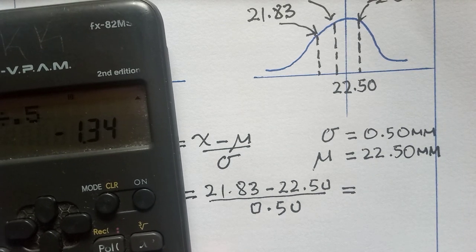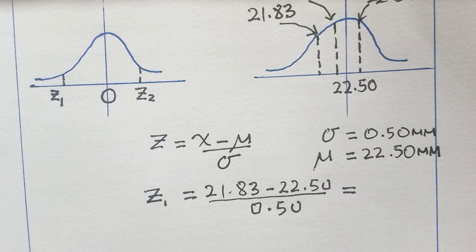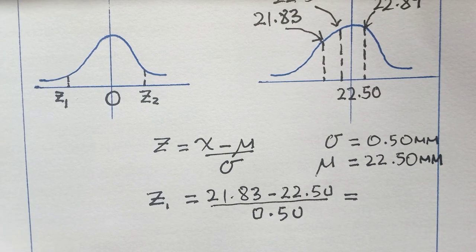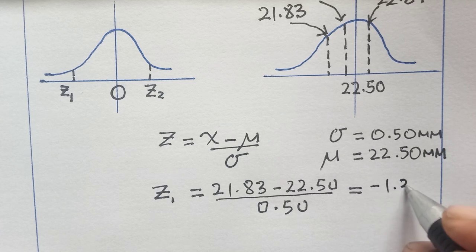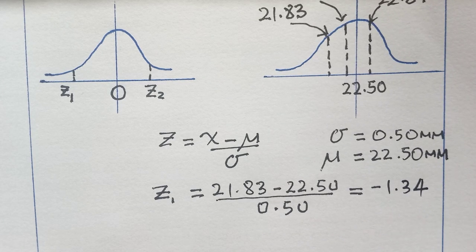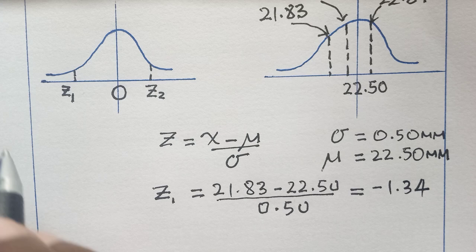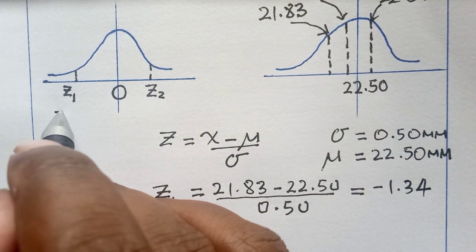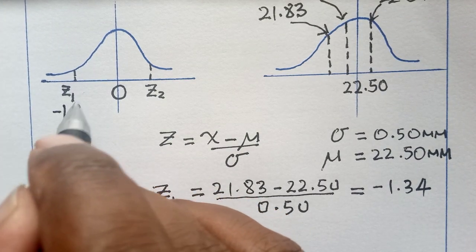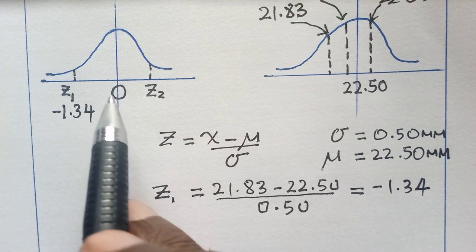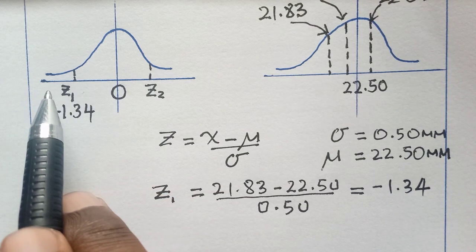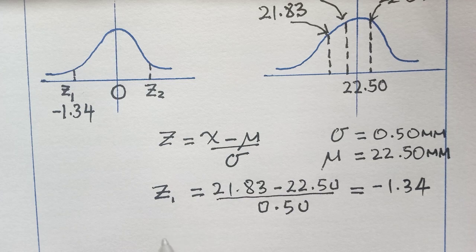This gives us negative 1.34. That is for Z1. We don't have to put the negative because negative shows it is on the left side. We go to Z2.